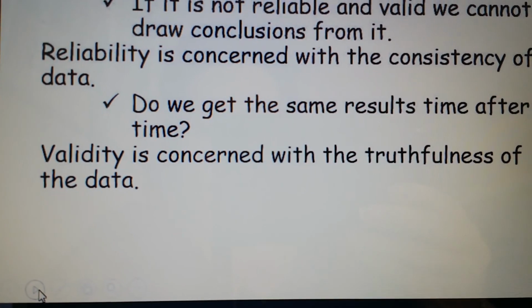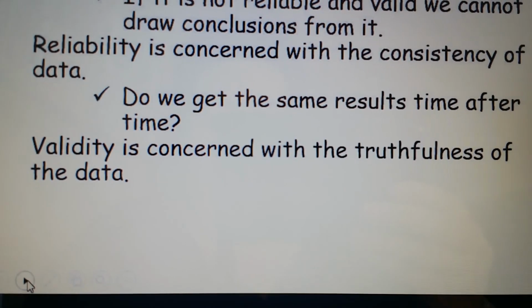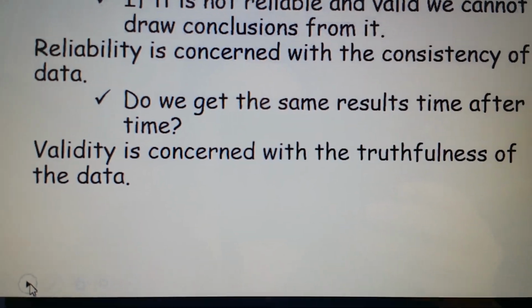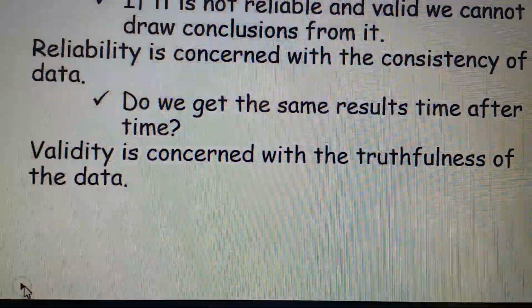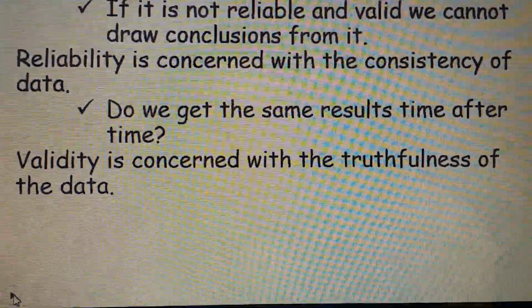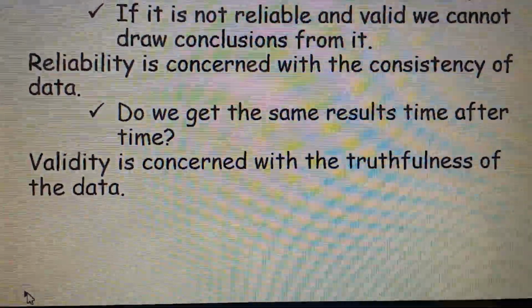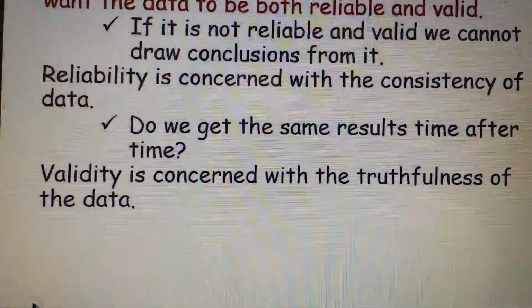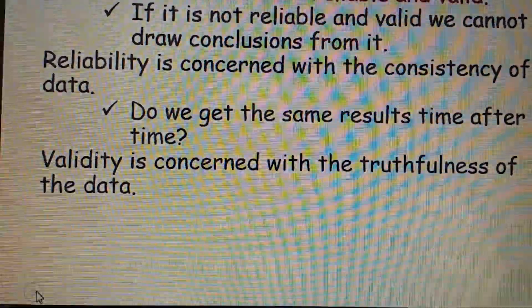Validity is concerned with the truthfulness of data. So does it measure what it intends to measure? So if you're ever struggling, think back to the example that I've just shown you about the measuring tape. It might be reliable to put a measuring tape around someone's head, but it's not valid.